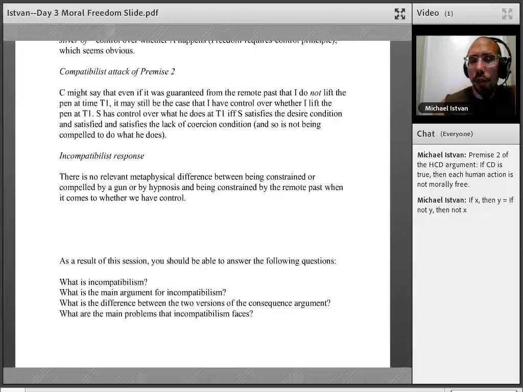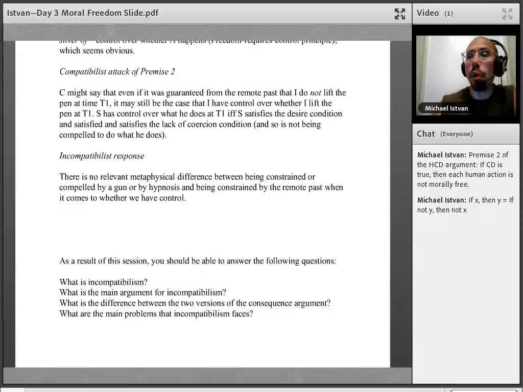But another potential problem, though not a philosophically robust one, is that if you accept incompatibilism, you're halfway there to accepting that no one's morally responsible for anything. And if the barrage of arguments I gave you over the last two sessions for CD being true are sound, then we're more than halfway there.